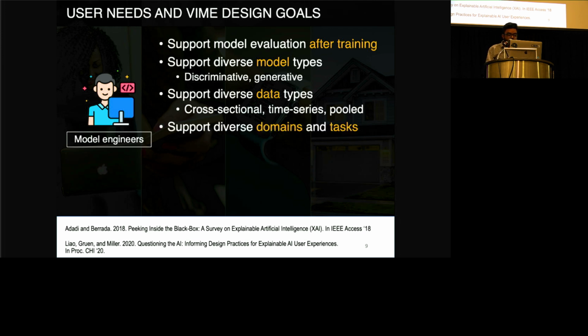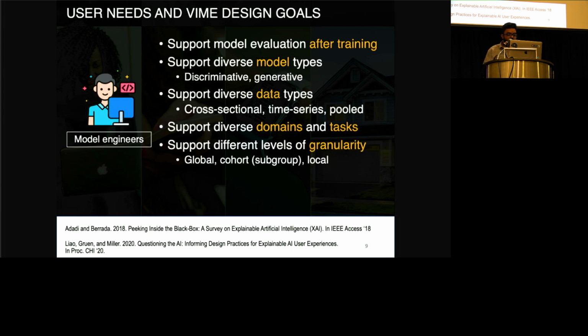Also, these types of data can come from various domains and tasks, making it particularly important to have tools that are both domain and task agnostic. Moreover, they often investigate these models at different levels of granularity. At the global level, they may want to evaluate the overall model strengths and limitations.